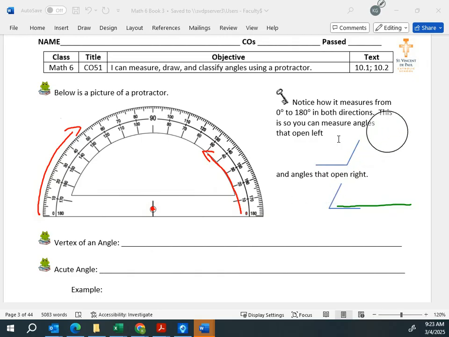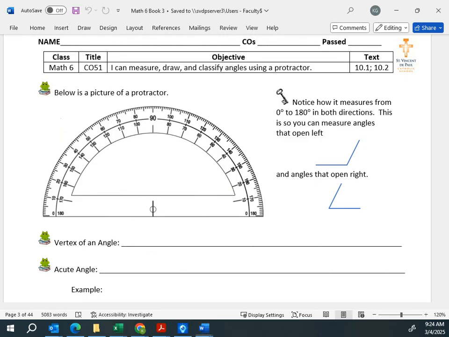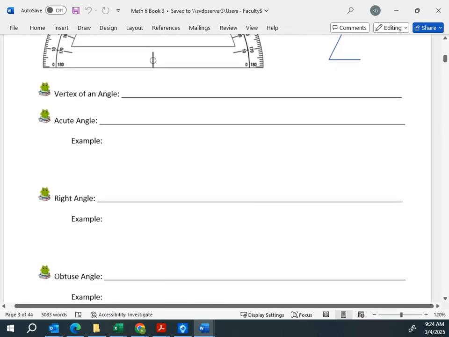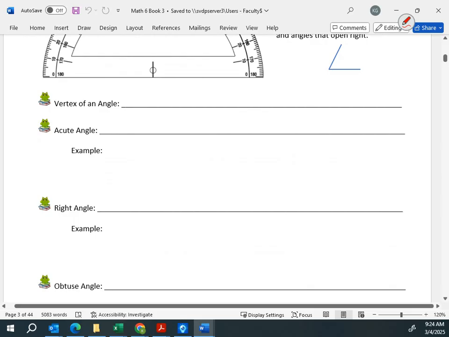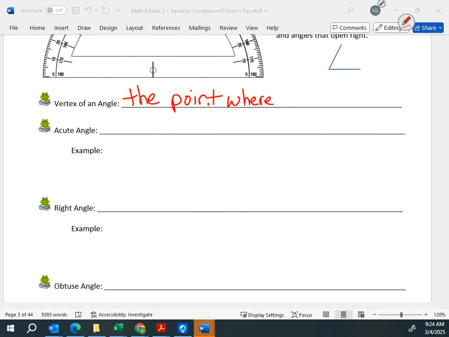All right, so let's look at our vocab words. I've already used the word vertex angle. So vertex is the point where the sides of the angle meet.